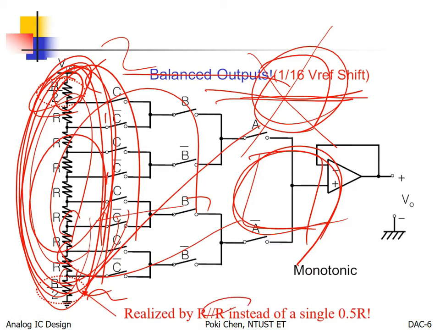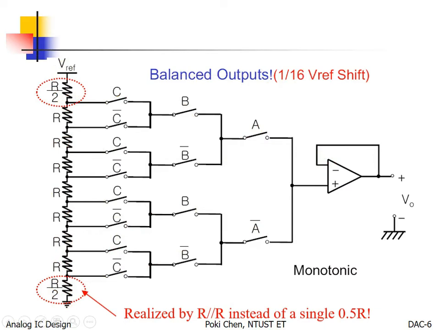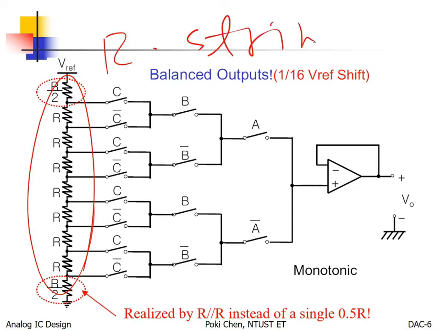Okay, that is the idea. Anyway, we call it an R string, a string of resistors. That is the simplest idea for such a voltage division structure.